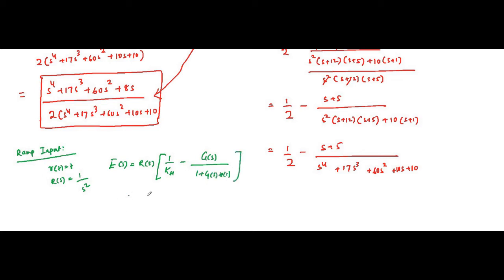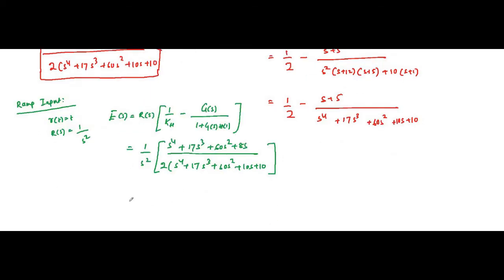So here it will become 1 by s square into (s4 plus 17s cube plus 60s square plus 8s) by 2 into (s4 plus 17s cube plus 60s square plus 10s plus 10). We know steady state error is equal to limit s tends to 0 sE(s), the final value theorem.